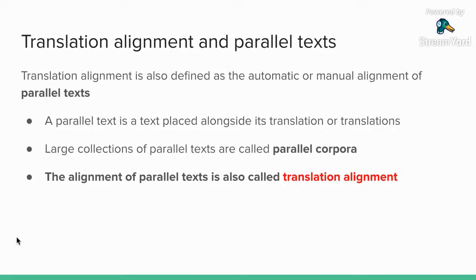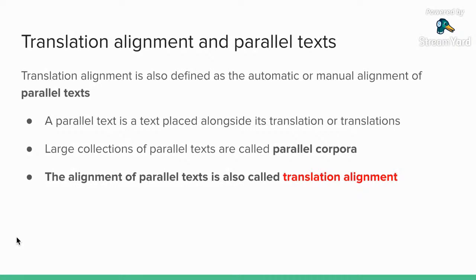And so large collections of parallel texts are also called parallel corpora for that reason. And this is the reason why we talk about translation alignment, because we align parallel texts in different languages. And potentially you can do this in 2 to infinite languages, depending on how refined your method is. But of course, as we mentioned, the more the text and the more the languages, the more sophisticated and complex the operation is.